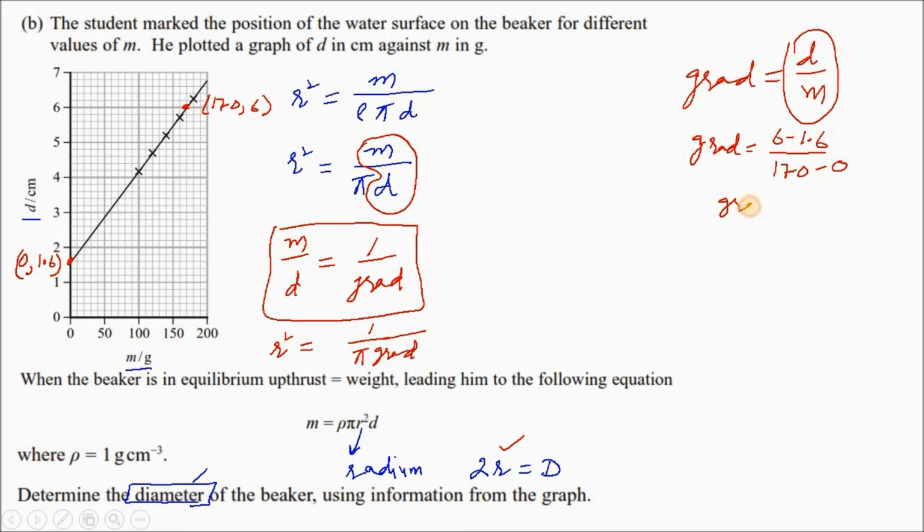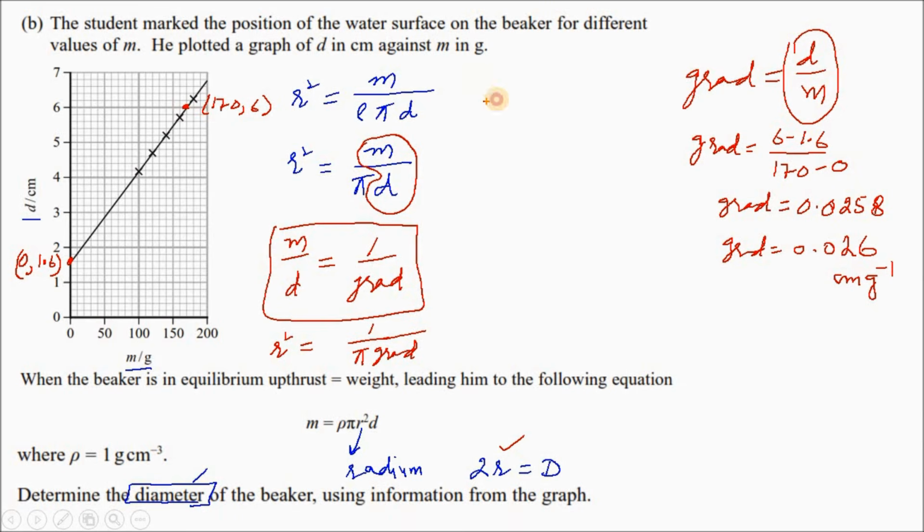And then the gradient would be equal to 0.0258, and you can round it off, so gradient is equal to 0.026, and the unit will be centimeter gram inverse. This is the gradient.